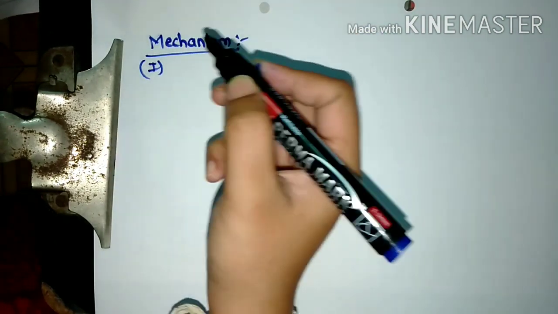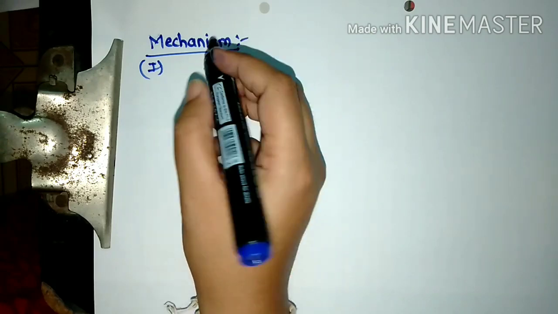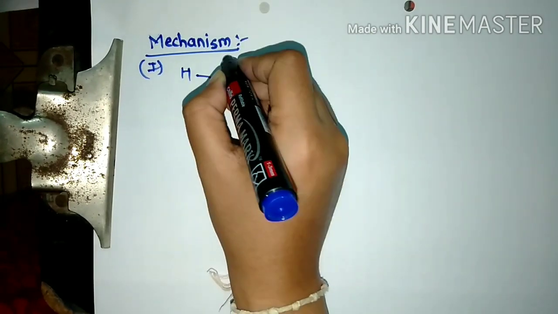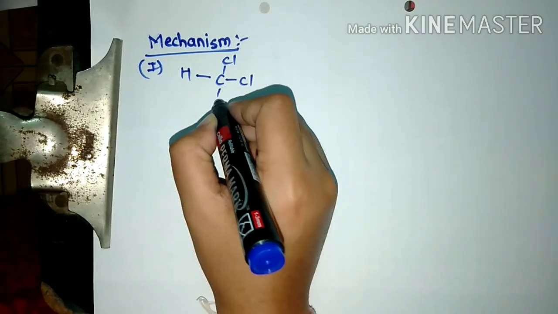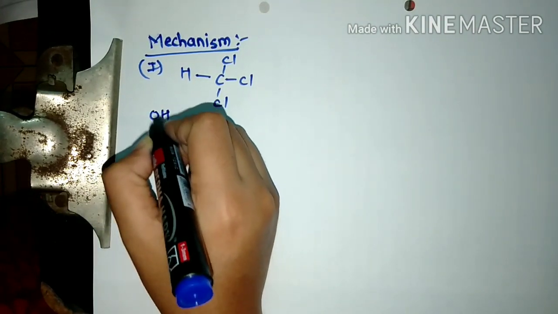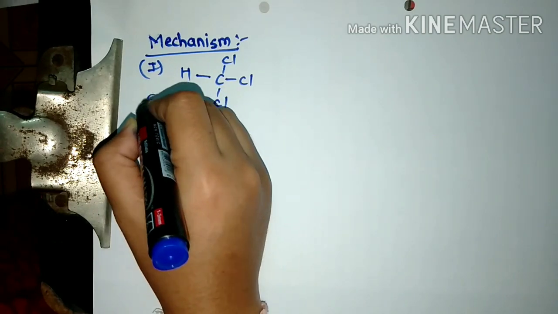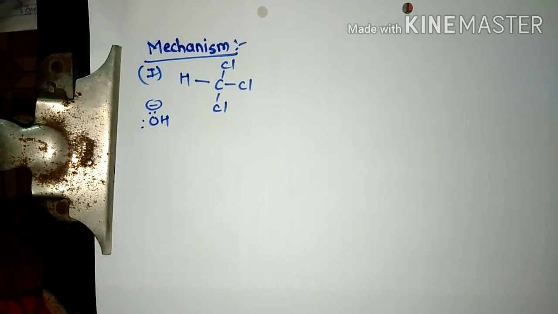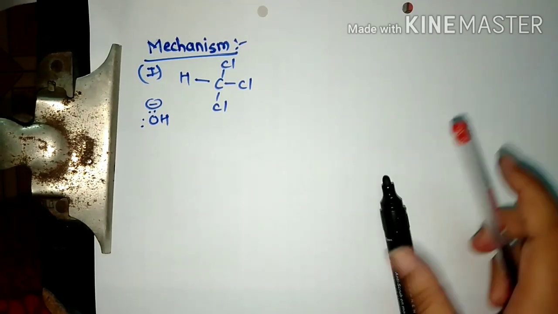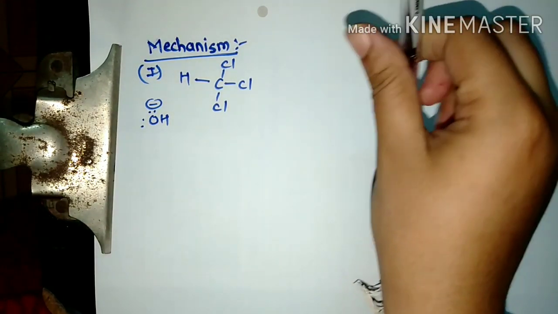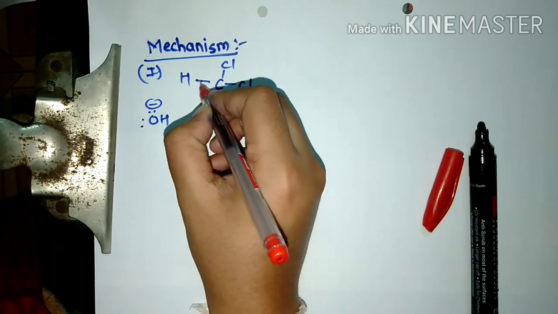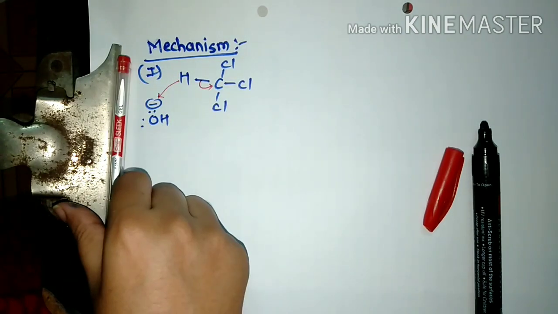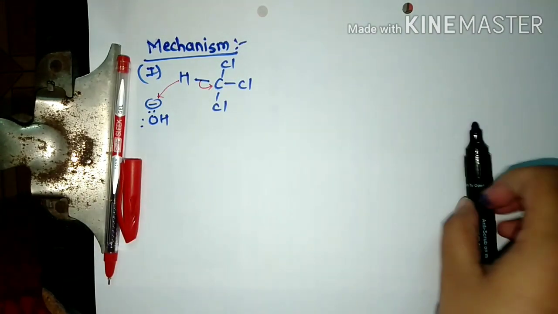In first step, there is a formation of carbene from chloroform. So let's draw the structure of chloroform. This is a base. What will happen? This base takes out this hydrogen from chloroform. This hydrogen is removed. It is combined with this OH.